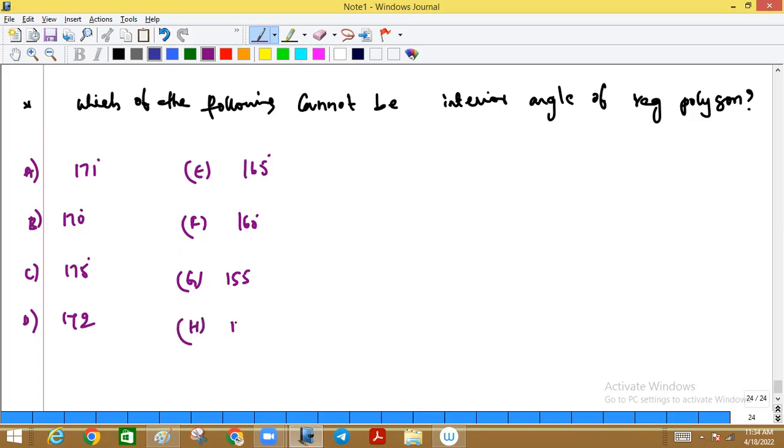What is your answer here? I'm asking you which of the following is not an interior angle of an n-sided polygon. All of them are interior angles of certain polygons. One of them is not. And what is that?